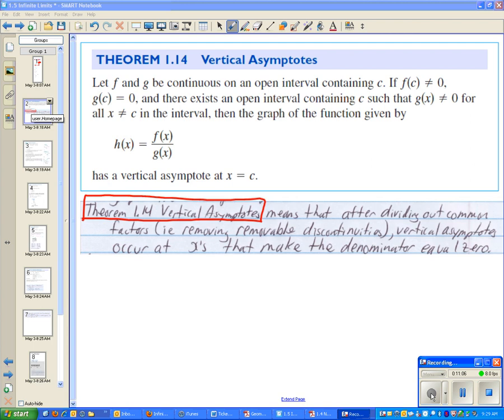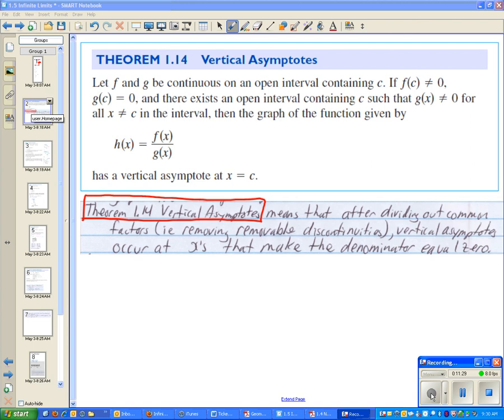If you remove all of the removable discontinuities and you still have an x-coordinate or 2 x-coordinates or 17 x-coordinates that make the denominator equal 0, then each of those x-coordinates that makes the denominator equal 0 will be a vertical asymptote.